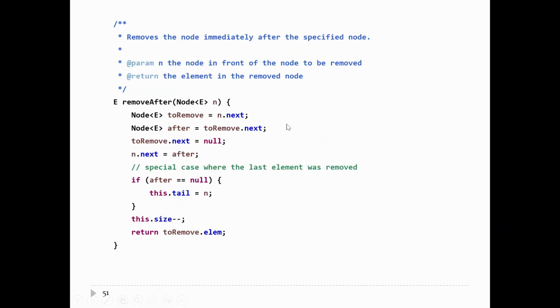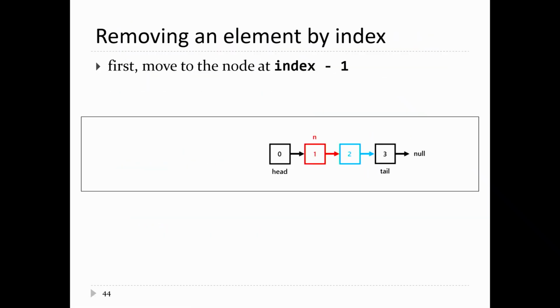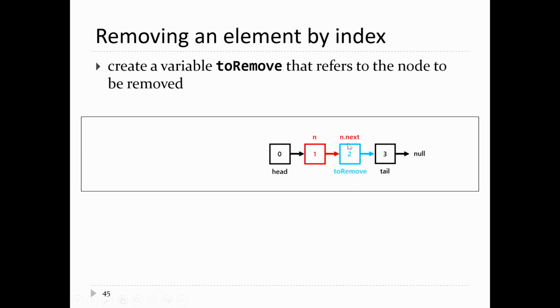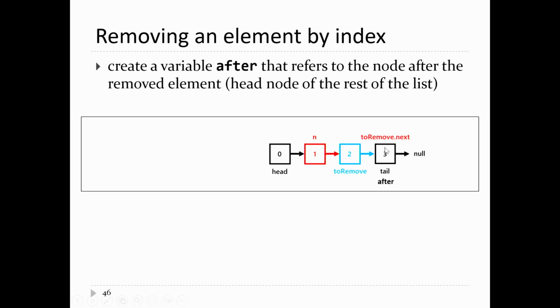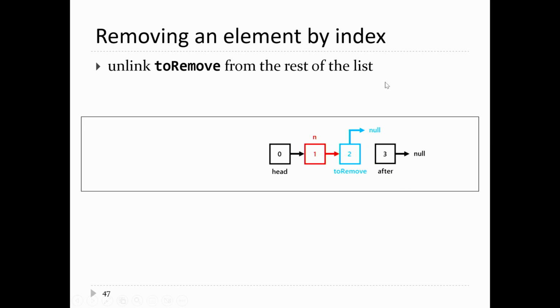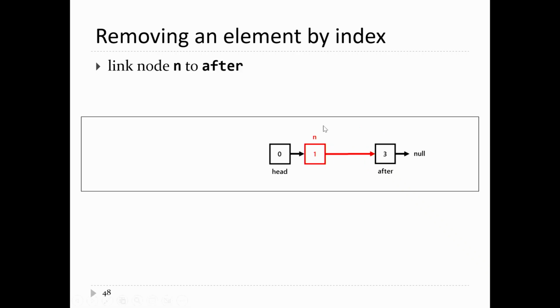Okay, so remove after is just the pictures in the slide. So let's go back quickly. We've already moved to node n, so now I'm going to call remove after. Remove after remembers what that node is. It then remembers what that node is. It then unhooks the first node and then hooks up the node in front of the one you just removed to the one after.